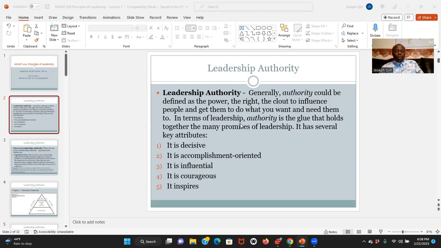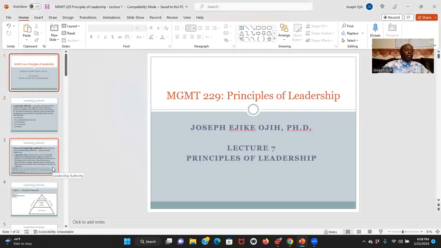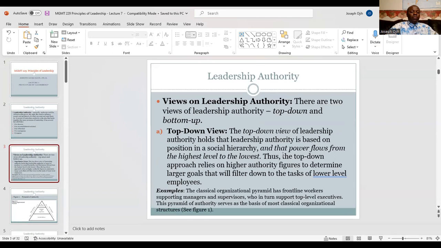At this point, we are ready to look at some of the different views about authority. There are two main views here. The first one is the top-down view.